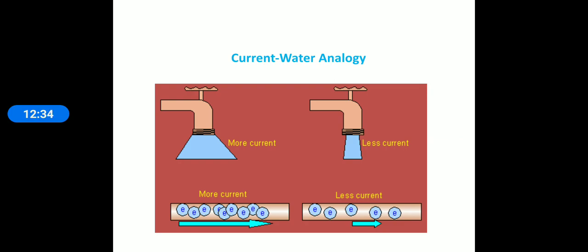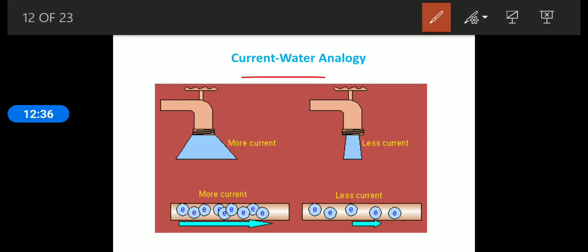Then what is the analogy between current and water? Here, control valve. If the control valve releases more, then more water flows through the pipe. If the control valve releases less, then less water flows through the pipe.